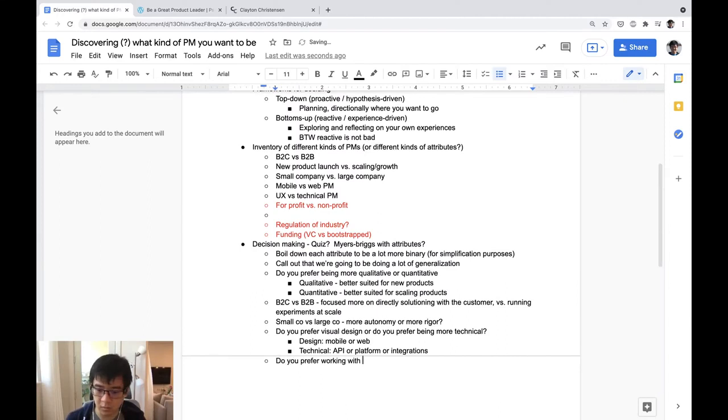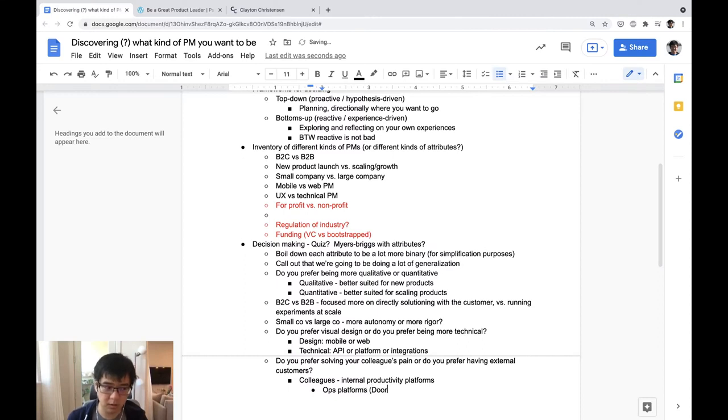Do you prefer solving your colleagues' pain, or do you prefer having external customers, right? And then colleagues are going to be internal productivity platforms. And then this breaks down into two different ones, right? So there's ops platforms.